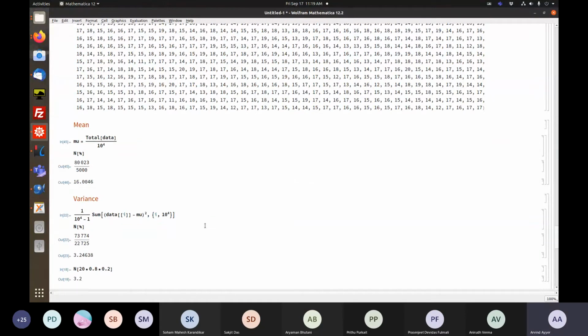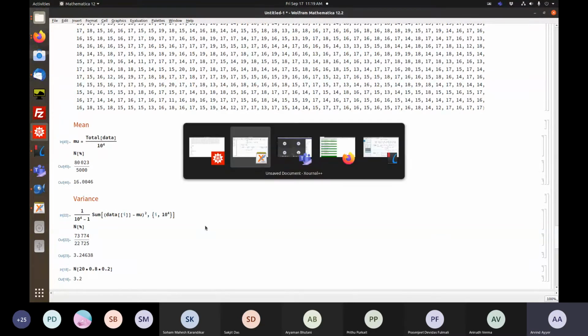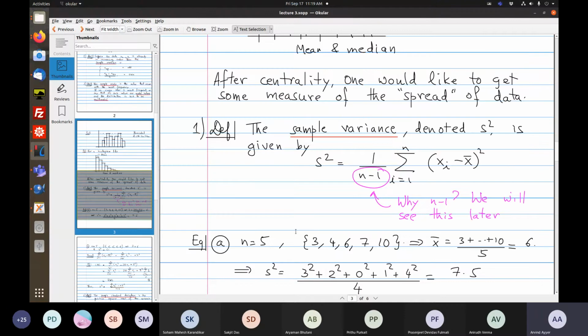Now let's compute the variance. Okay, so to compute the variance, let me go back to the third lecture, where we discussed the variance of a sample of data.